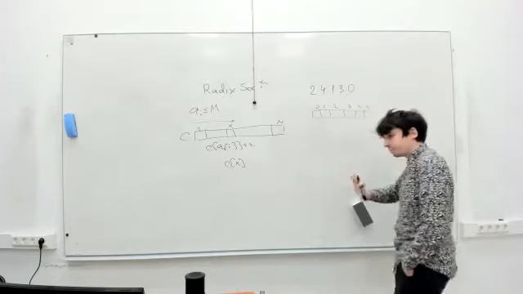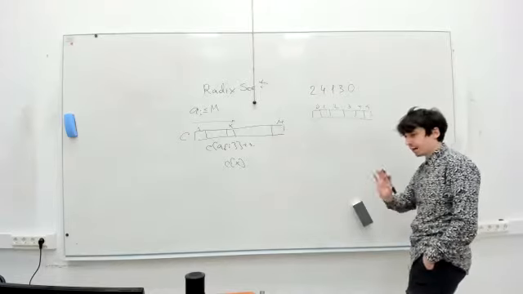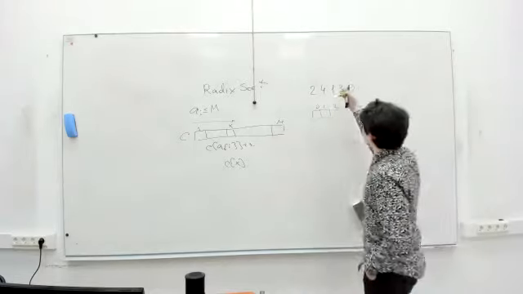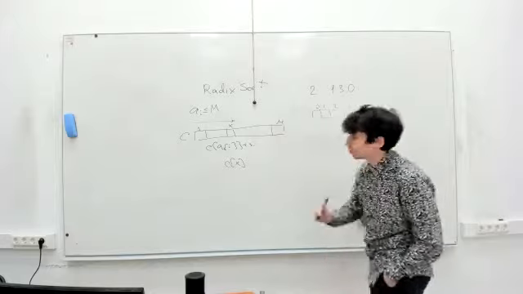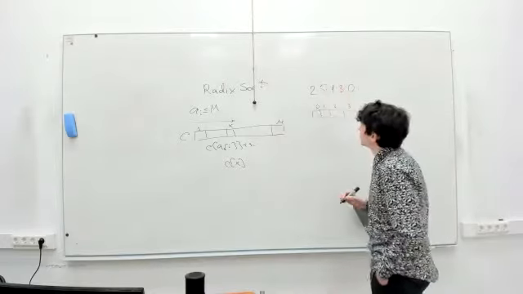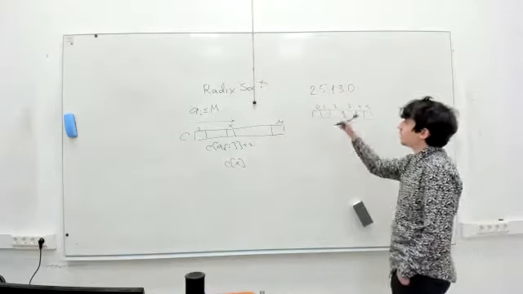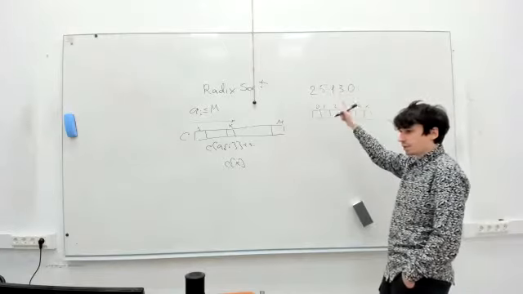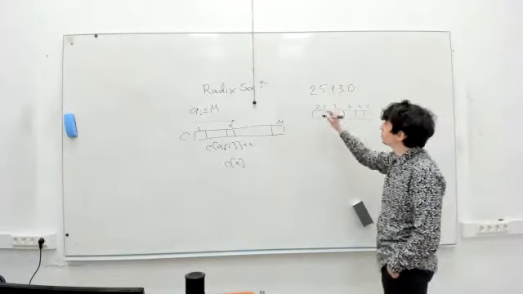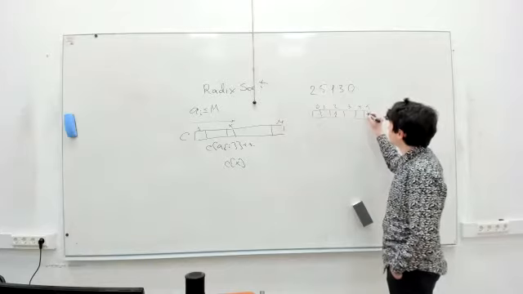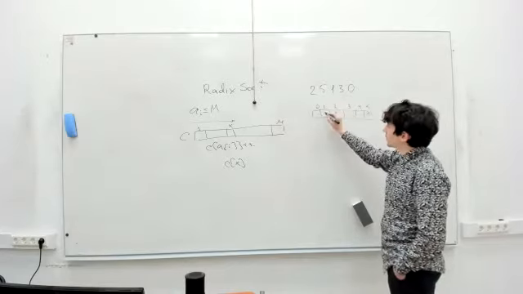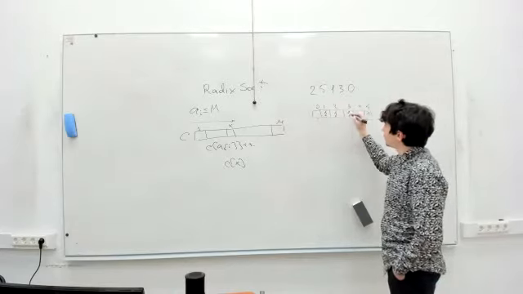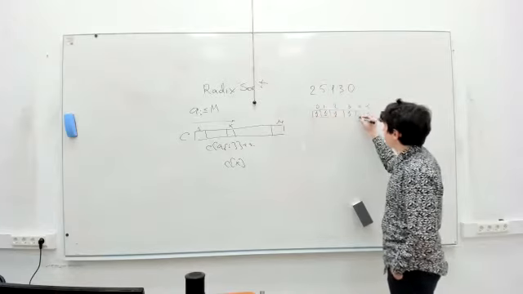Let me change 4 to 5 so it will be cleaner. I calculate how many times each element is in this array. So 0 is 1, 1 is 1, 2 is 1, 3 is 1, and 4 is 0.